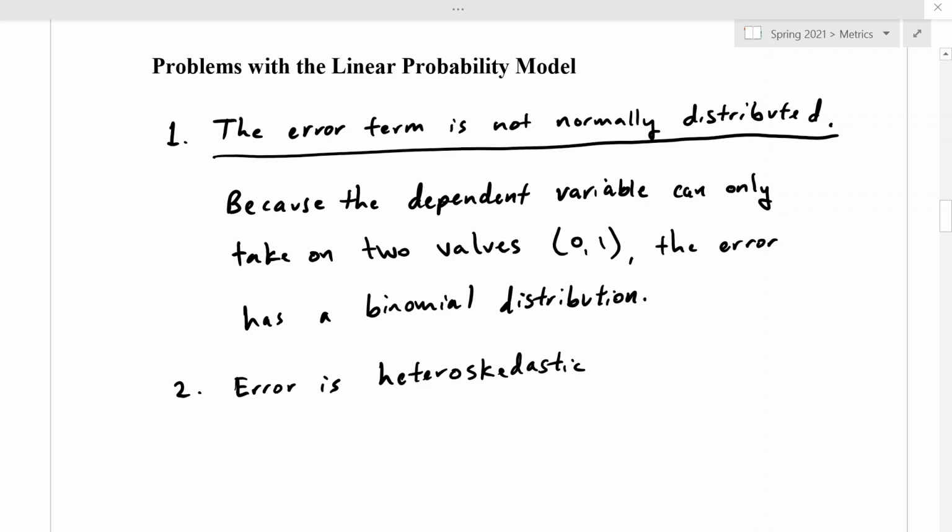Going back to many videos ago, that's when the variation of the error term changes depending on the value of the y. That one can also be fixed using robust standard errors.